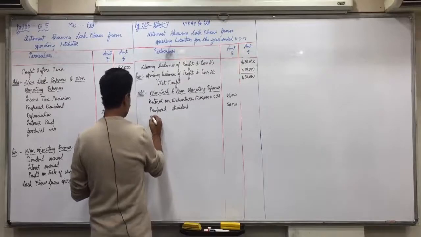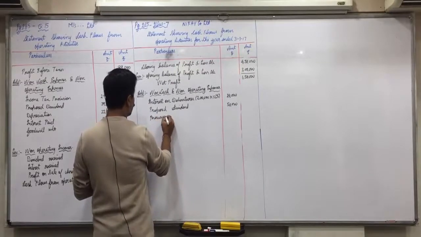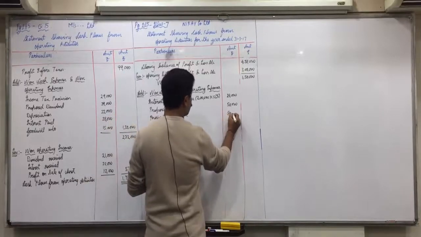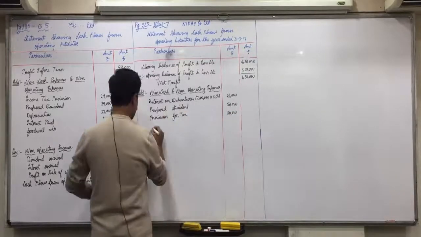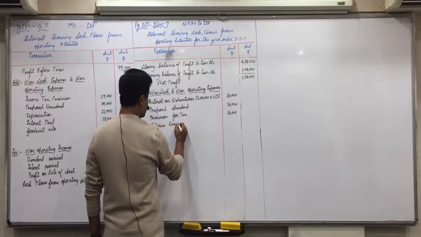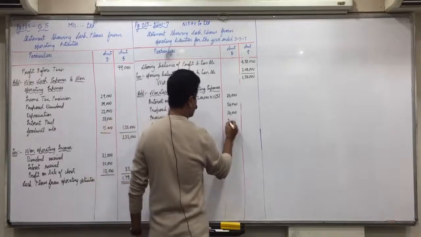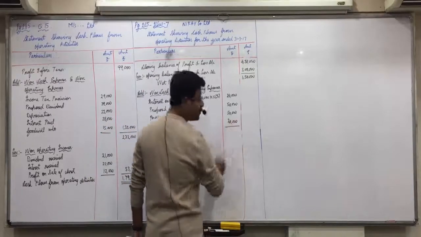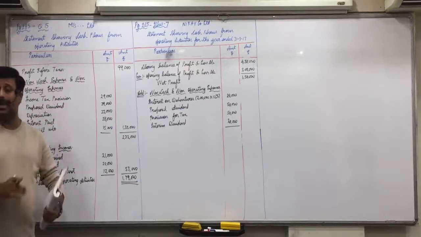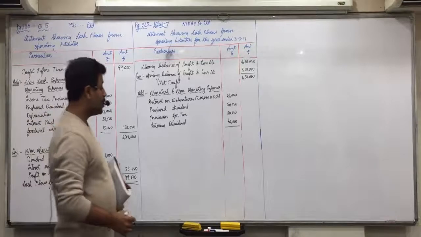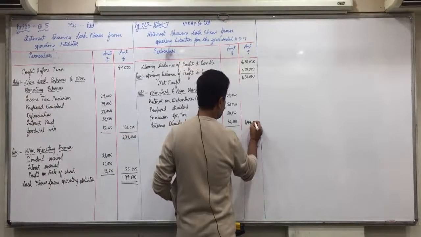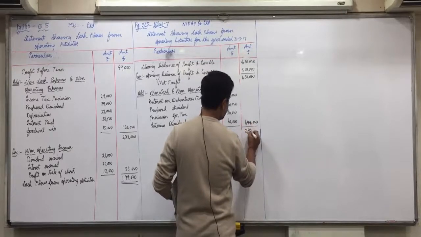And provision for tax 50,000. And interim dividend paid 20,000. Did you all understand this? Other than CA and CL items, O plus we have to add. Any doubts in this? So 1,44,000. If you add that, 2,94,000.